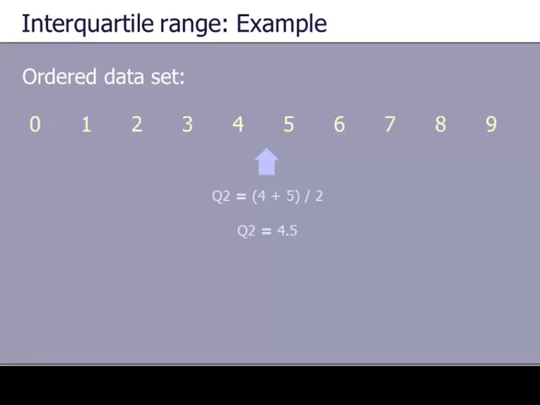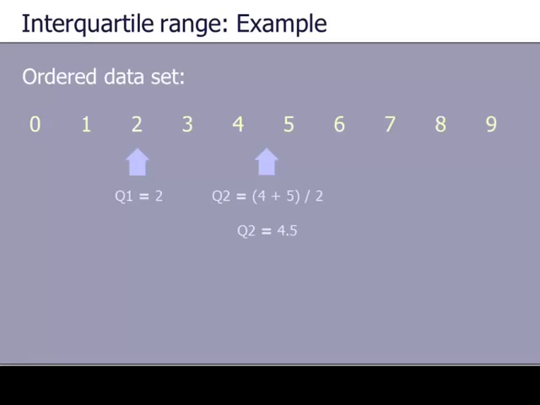Then we find Q1, which is the median of all the values below Q2. So Q1 is the median of 0, 1, 2, 3, and 4, which equals 2. And finally, we find Q3, which is the median of all the values above Q2.